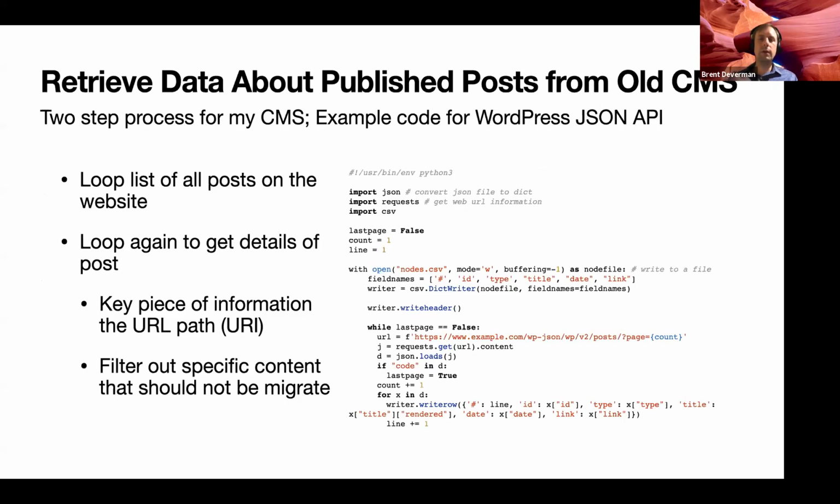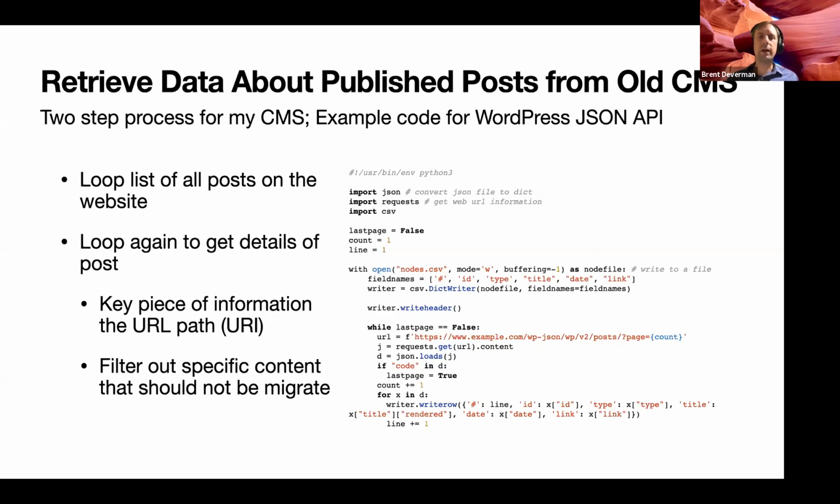The first step I've done is to retrieve the data about the published posts from the old CMS. Here is some example code for retrieving data from the WordPress JSON API.